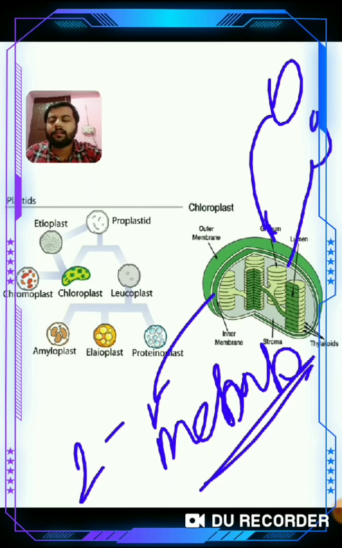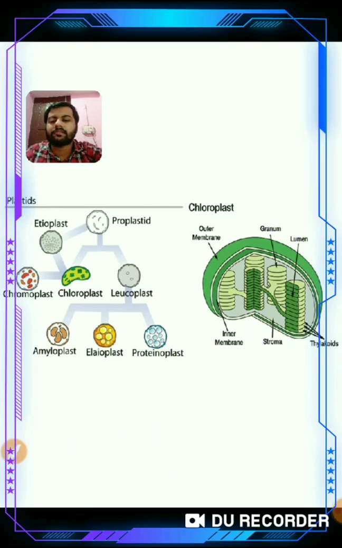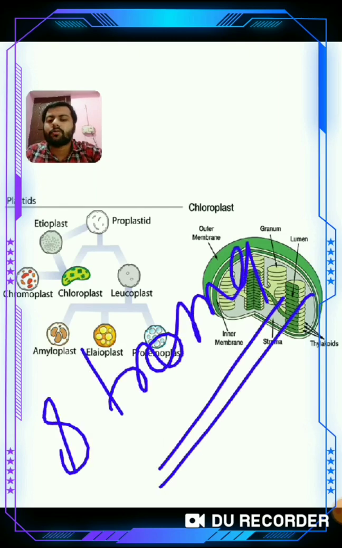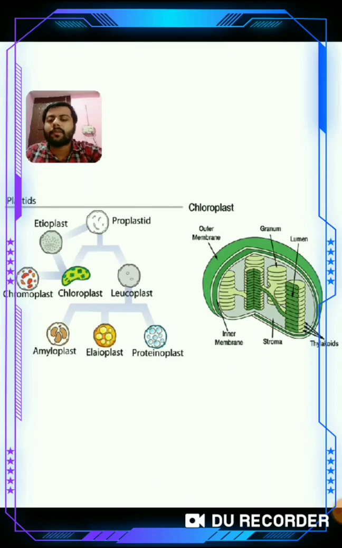Inside the inner membrane, the matrix of chloroplast is known as stroma. Inside the stroma, a sac-like structure is present, which is bounded by a pigmented membrane.